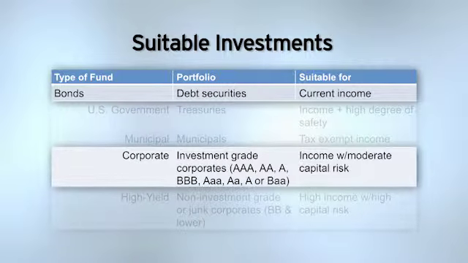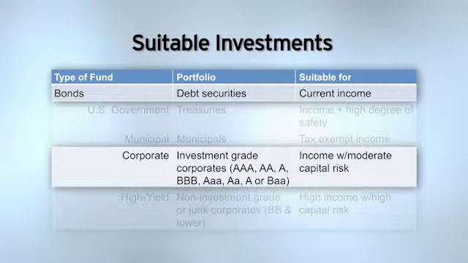If we're looking at a Standard & Poor's rating, any rating of BBB or better would be investment grade, suitable for a conservative investor. If it is a Moody's rating, that would be Baa or better. Now, the difference between Standard & Poor's and Moody's, Standard & Poor's uses all uppercase, Moody's uses upper and lowercase. So if it's a Moody's, Baa or better would be an investment grade bond, suitable for conservative investors.